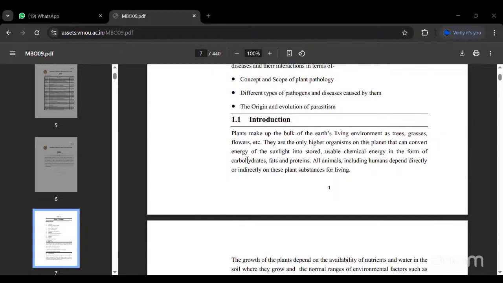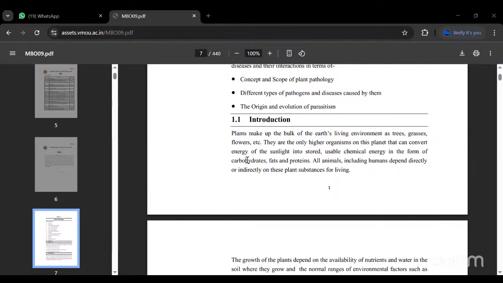This energy is stored in food material as usable chemical energy, in the form of biological energy, that is the carbohydrates, and next the fats and proteins.